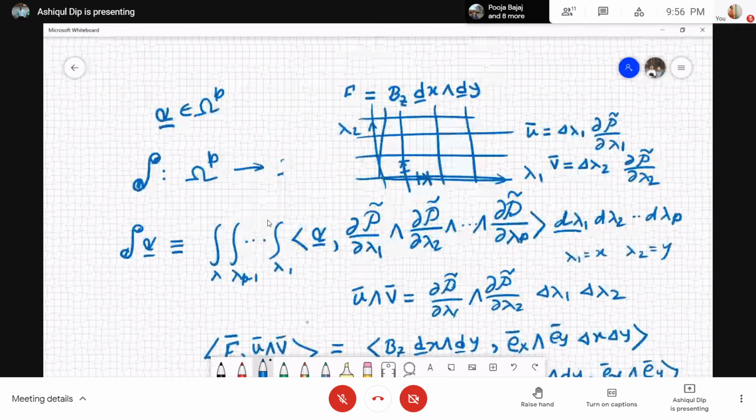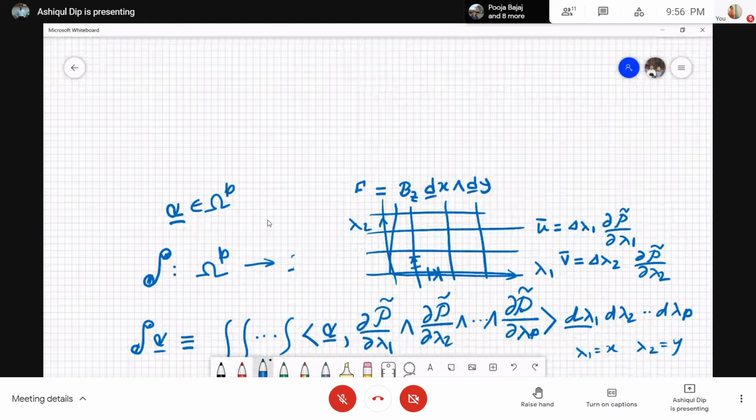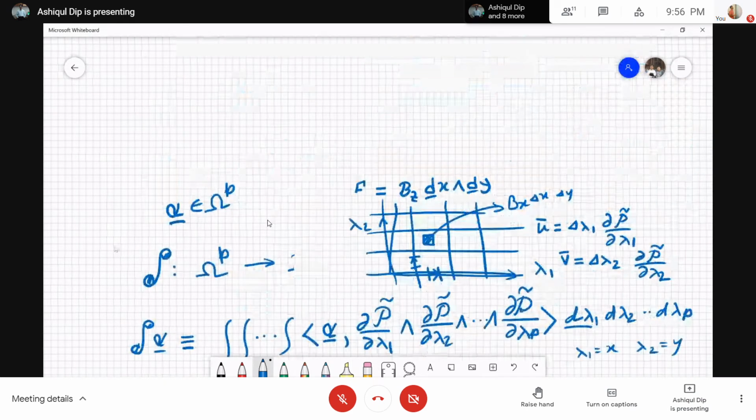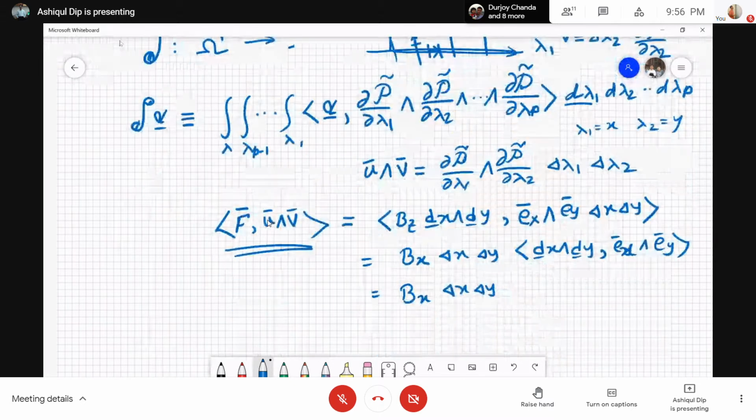It means that if you have an infinitesimal piece of length delta x and width delta y, that area includes a flux bx delta x delta y, which is correct, right? Now, if we add all those possible pieces, that will give you the whole flux. And that is basically a double integral of this thing.